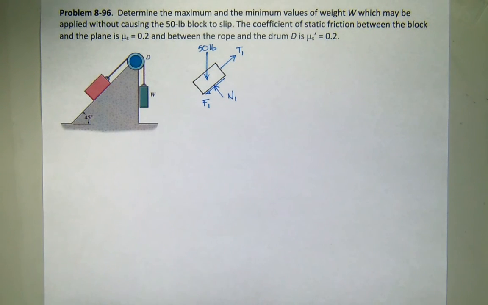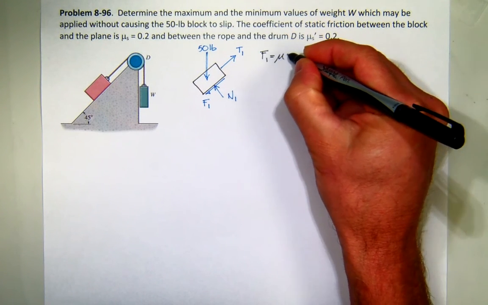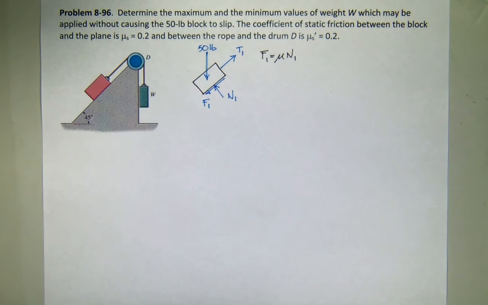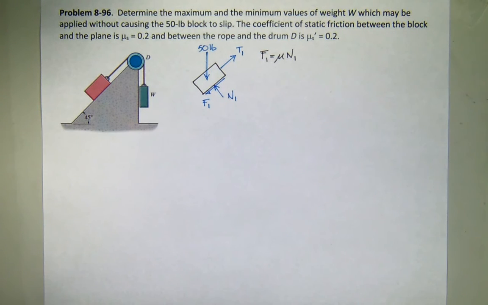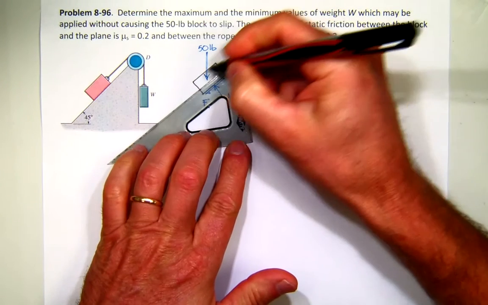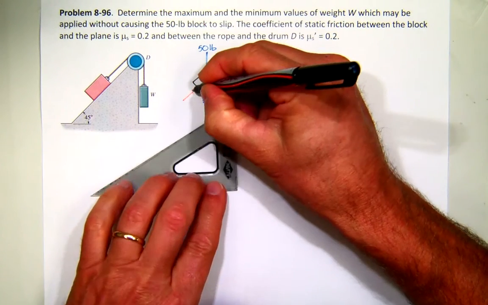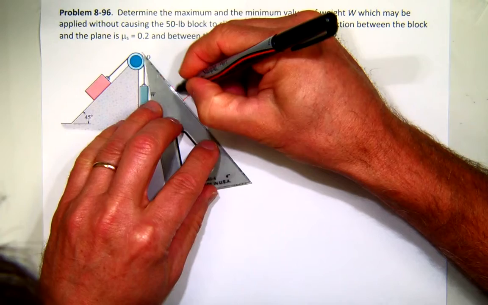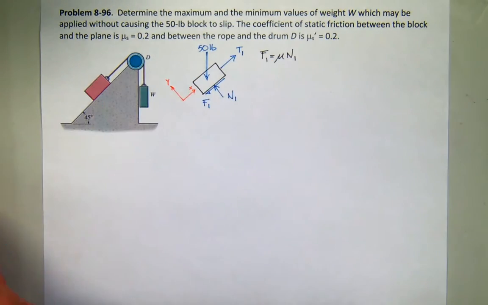The first thing I know, since it's on the verge of motion, is that my F1 is going to be related to N1. So really there's just one unknown here. I'm also going to make this a little easier for me to deal with by assuming these are my X and Y axes.